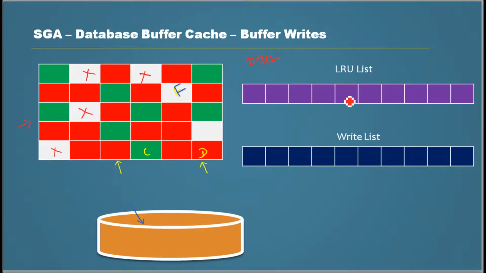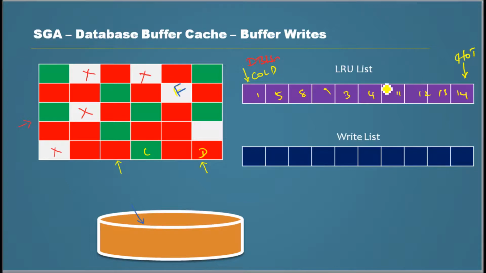As I mentioned in the previous video, the LRU list maintains the list of blocks that are less frequently accessed and the list of blocks that are frequently accessed. This has some block numbers like 3, 4, 1, 8, 5, 8, 9, random numbers.